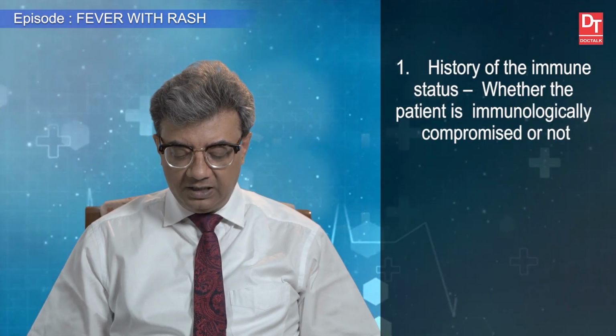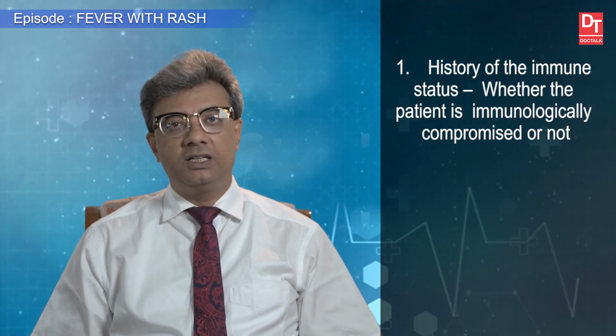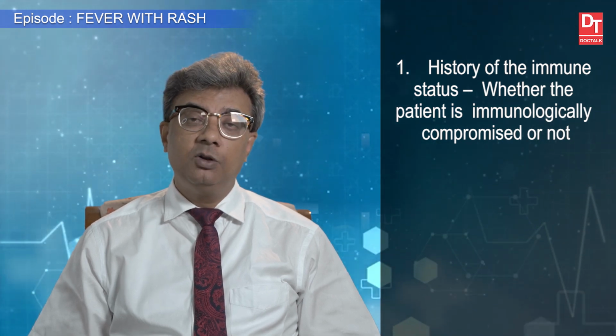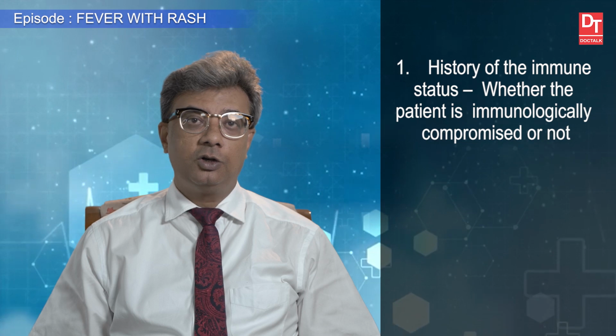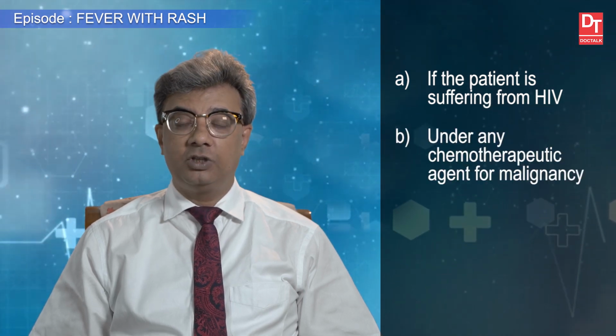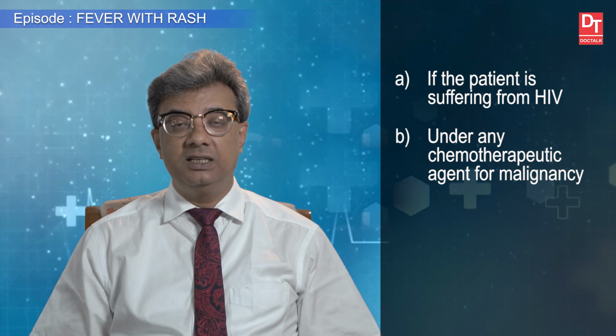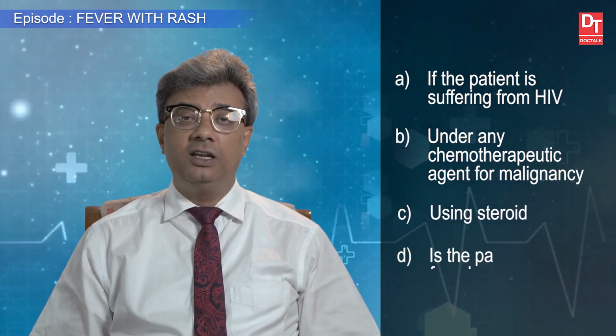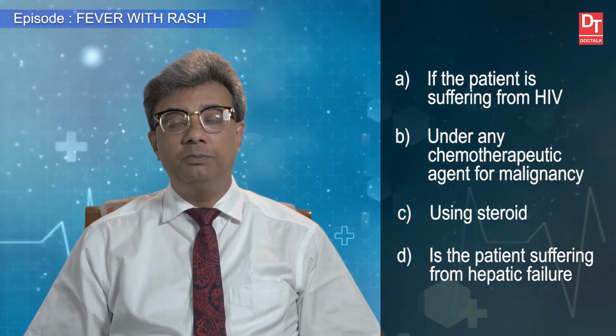Now, first we have to take the history of the immune status of the patient, whether that patient is immunologically compromised or not. Immunologically compromised means whether there is any possibility of HIV, or any chemotherapeutic agent for malignancy, or steroid, or kidney failure, hepatic failure, this type of disease.